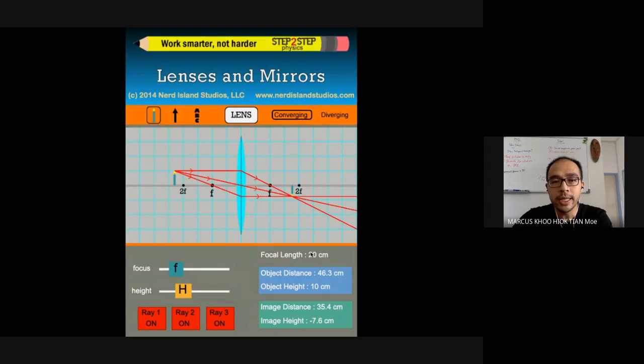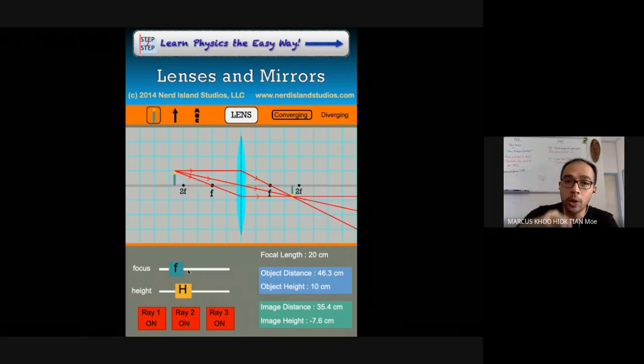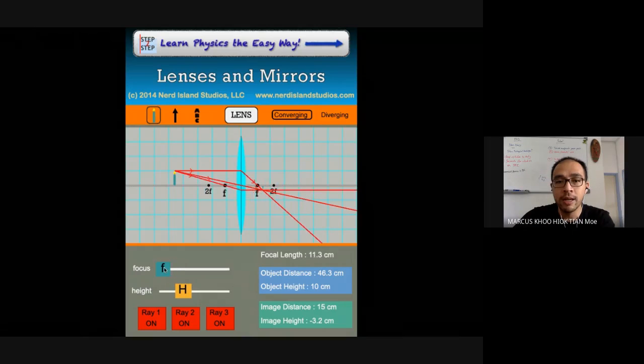So the first thing is this. The preset focal length in this one is 20 cm. If you want to change it to follow the textbook to 10 cm, you can just go ahead and change it. Unfortunately, mine is a little bit rough, so I cannot really get it at 10.